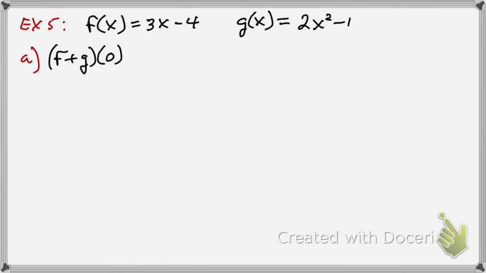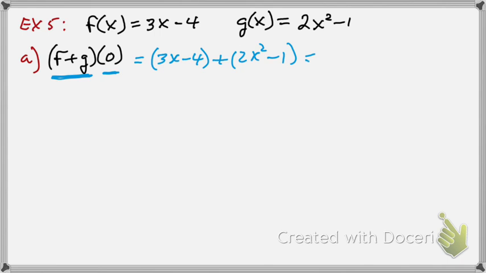So here, pay attention to the notation. This is saying we're going to add these two functions together, and then we're going to evaluate at x equals 0. That's what that notation is saying. So the first thing I want to do is add them together. So I'm going to say, all right, 3x minus 4, and I'm using parentheses, plus 2x squared minus 1.